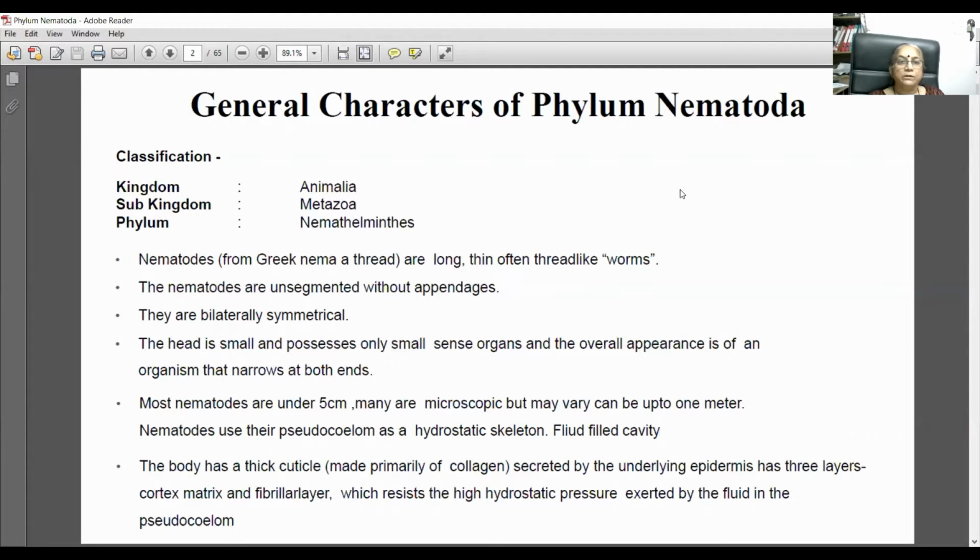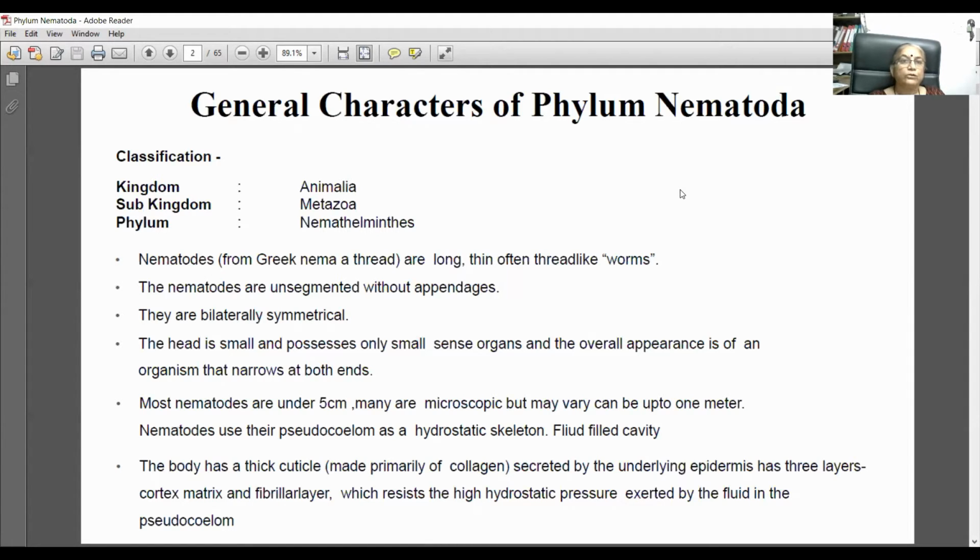The body of the nematode is covered with a cuticle, made up of collagen which is secreted by the underlying epidermis. This cuticle has 3 layers: cortex, matrix, and fibrillary.